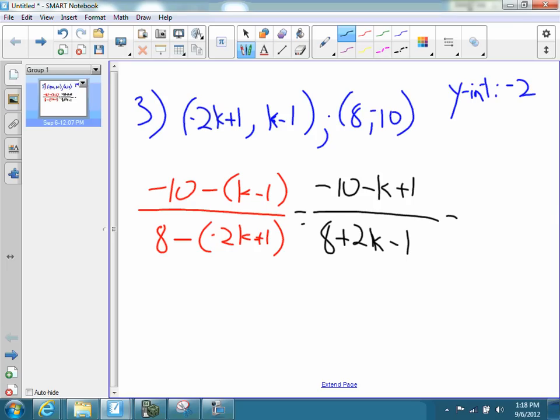So that's equal to -k minus 9 over 2k plus 7. Is that right? So that's our slope. That's a good start.